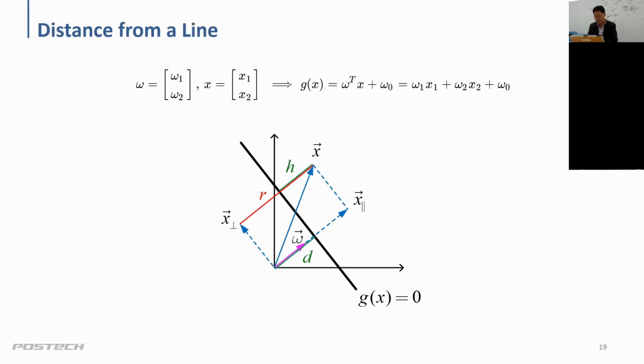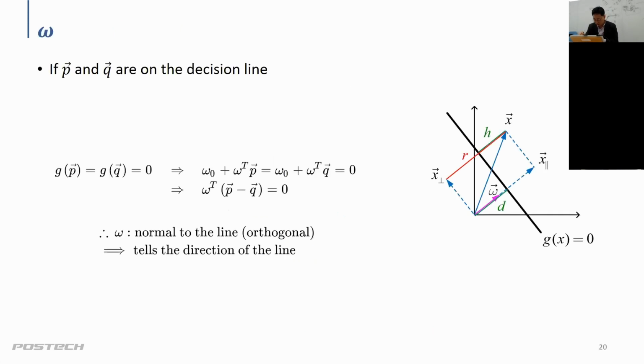I don't have to go into details because I already explained it here. I want to know the distance from the line. You probably have to take some time to understand this.